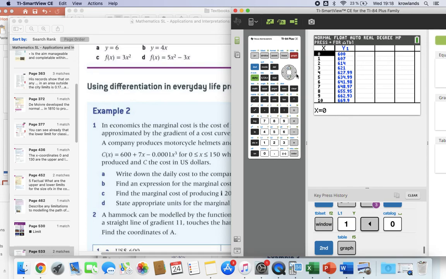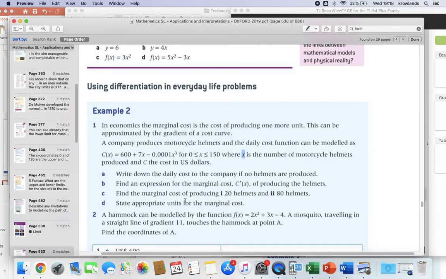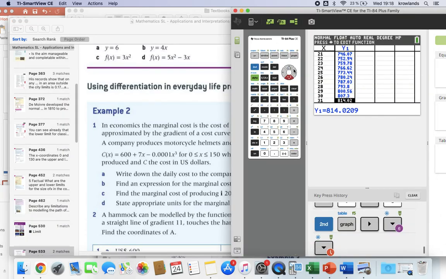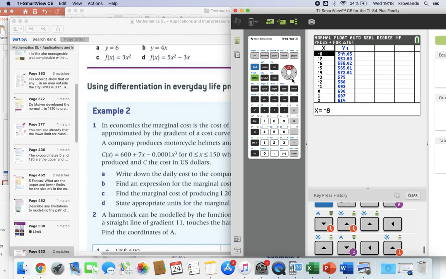So when we produce 0 helmets, the cost is 600 and it goes up as so. Of course, it's going to get more expensive. So write down the daily cost to the company if no helmets are produced. The answer is simply going to be looking in the table for when x is 0, and we could see that when x is 0, the answer is going to be 600.